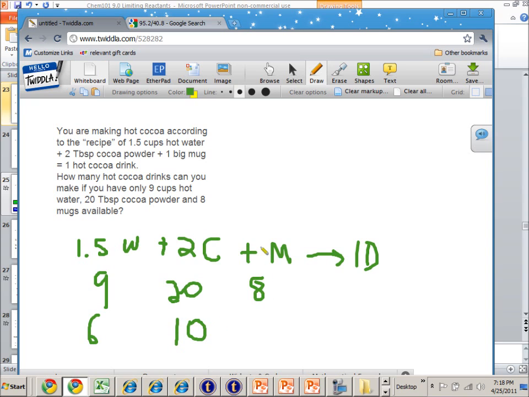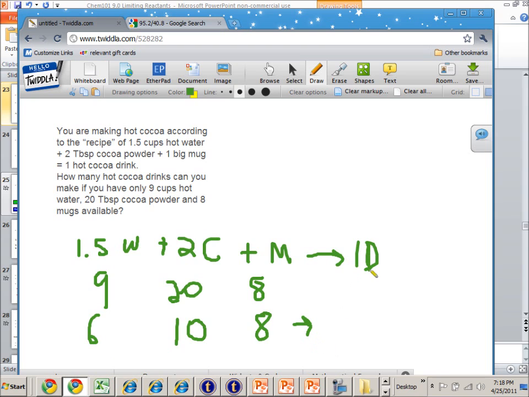And then 8 divided by 1 is just 8. Okay. So bottom line here is I have enough water to go 6 times. I have enough cocoa powder to go 10 times, and I have enough mugs to go 8 times. So I can only go 6 times. I can only go as much as the limiting reagent.